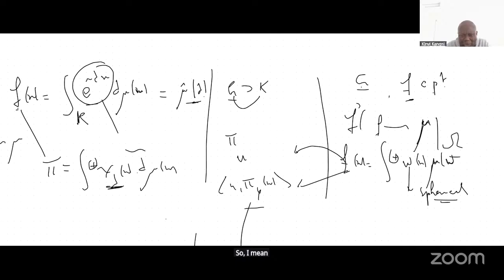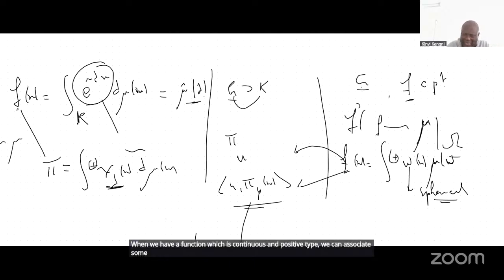If I summarize, when you have a function which is continuous and of positive type, you can associate some representation like this.